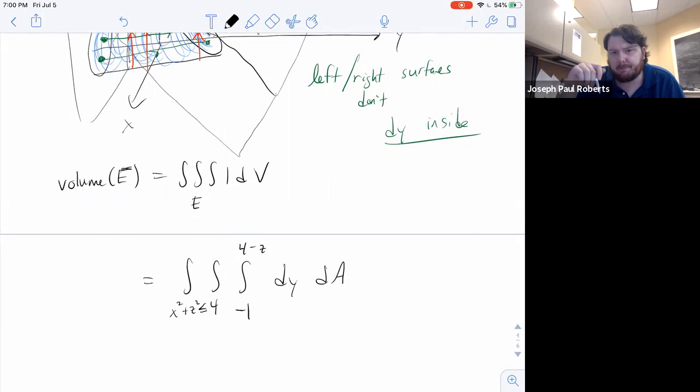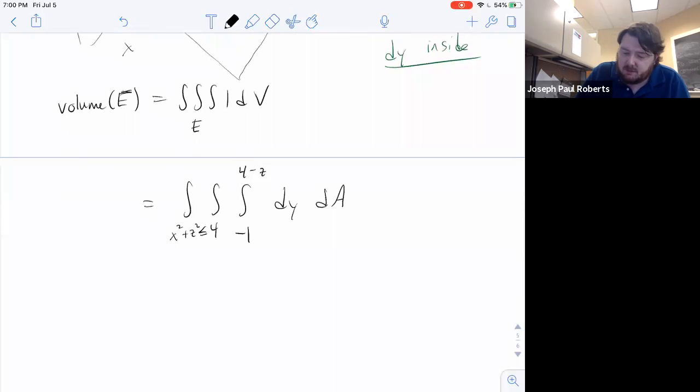And as far as integrating that, you're playing with fire, maybe you're going to need a trig substitution, and we don't want to do that. So we are going to want to switch to polar coordinates eventually. So the first thing we'll talk about next week is that there's something called cylindrical coordinates that allows you to do that on the level of the triple integral. But for today, and what I showed you on Tuesday, we're just going to do this first dy step. So when I integrate with respect to y, I get y.